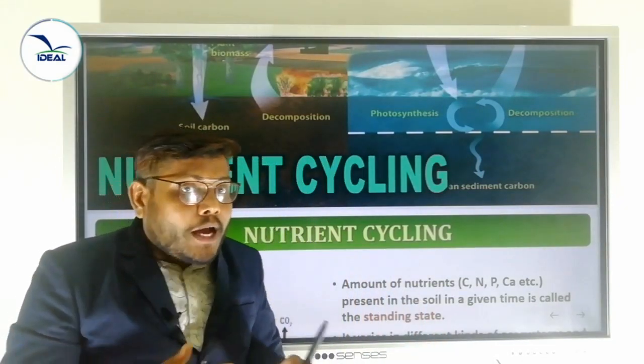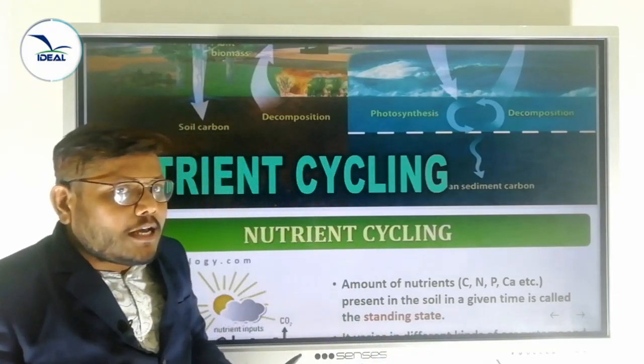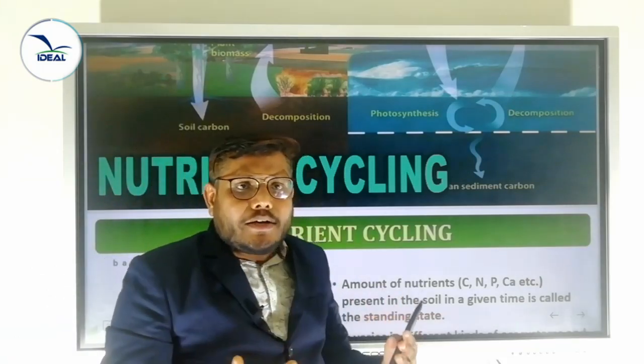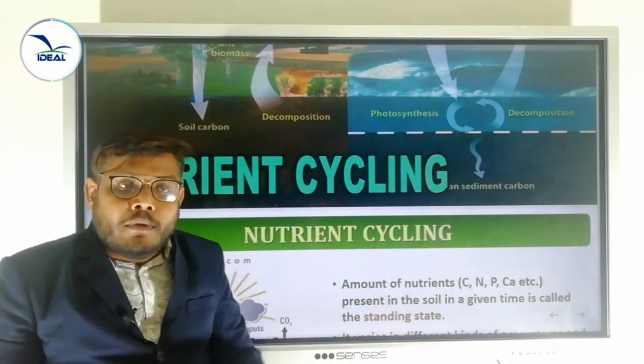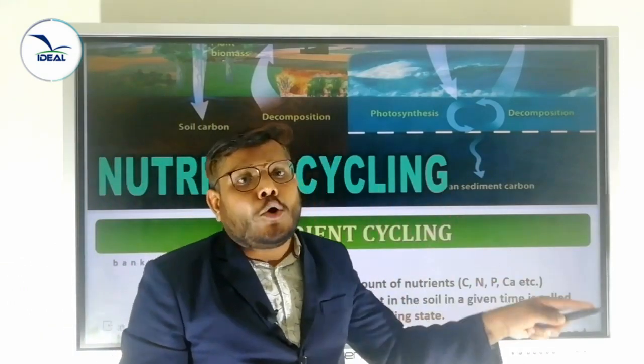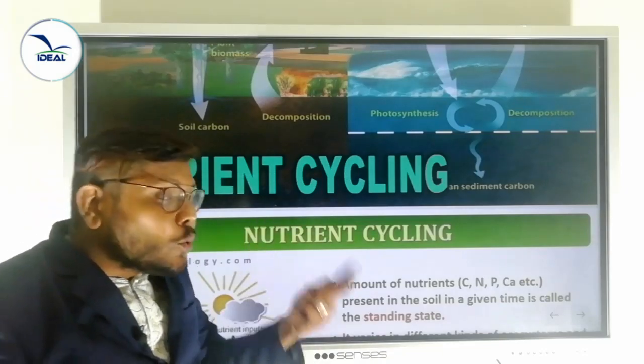Is it clear? The materials like carbon, hydrogen, nitrogen, oxygen flow from abiotic to biotic and back to abiotic in a more or less cyclic manner. That is called a nutrient cycle.